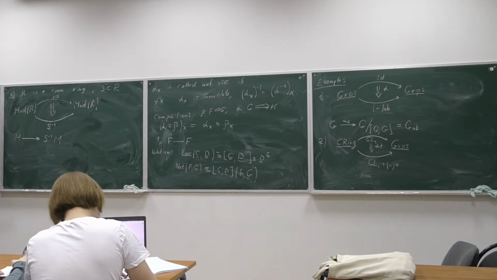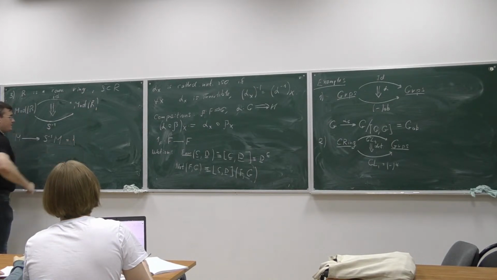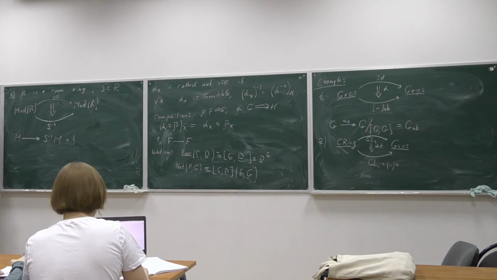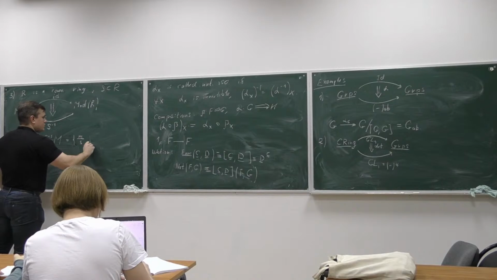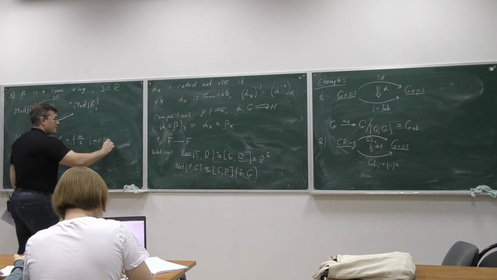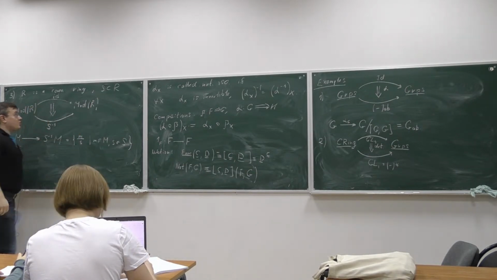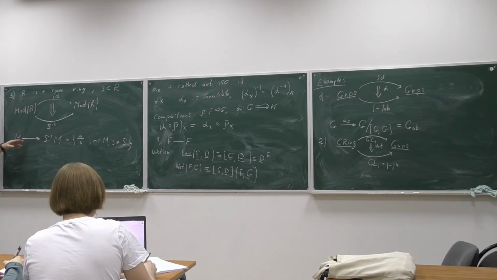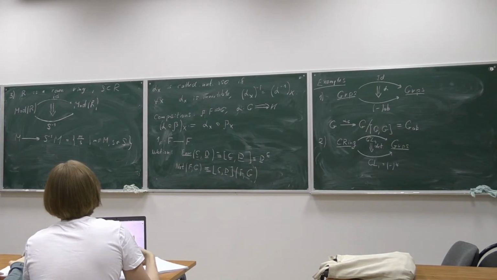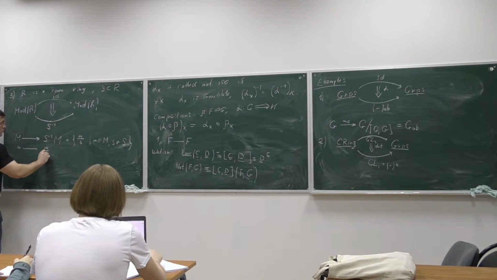Now, what's the localization of the module? These are fractions of the form m over s, such that m is in M and s is in S. So you can think about S as a set of denominators, and you can use these denominators to form such fractions, and you can check rather immediately that this is again a module. It's not a hard computation. And the map here, you just take m and send it to the fraction m over 1.